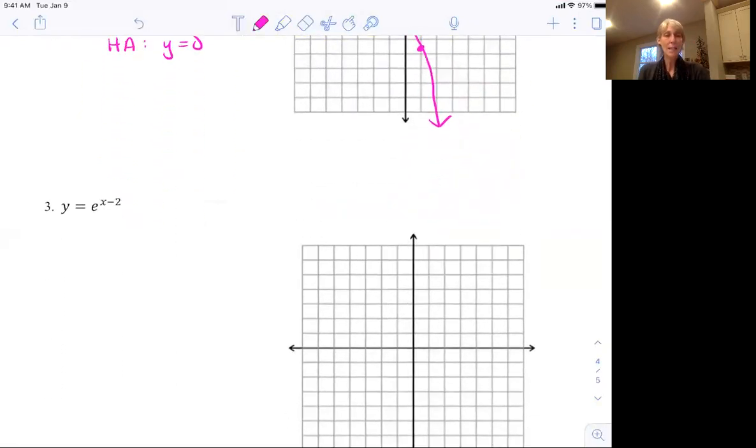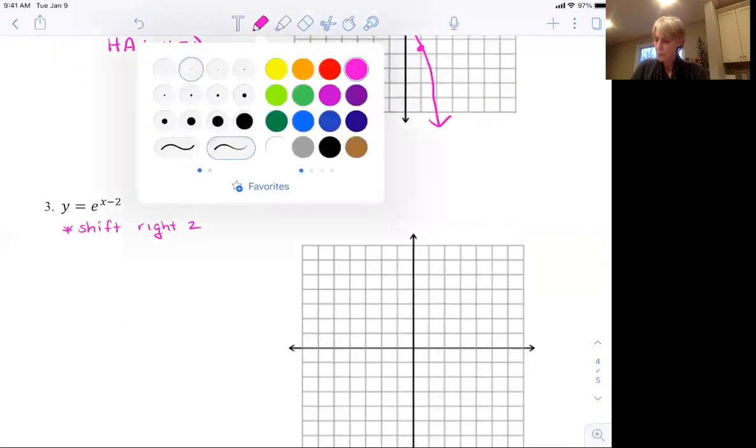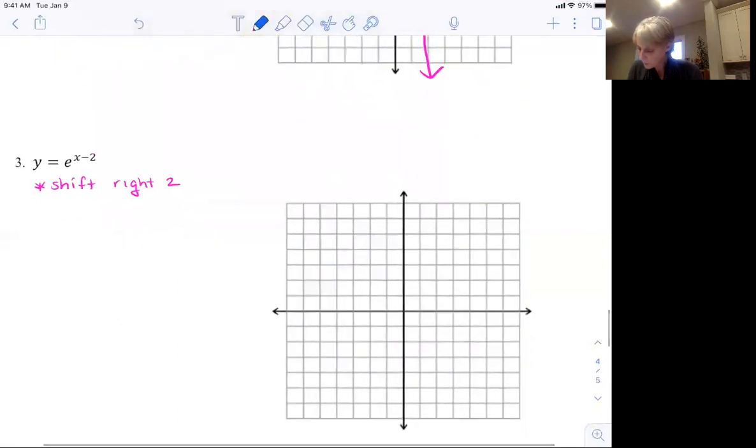y equals e to the x minus 2. So I'm going to take my basic exponential and do what with it? This is going to be a horizontal shift right 2. Basic exponential.